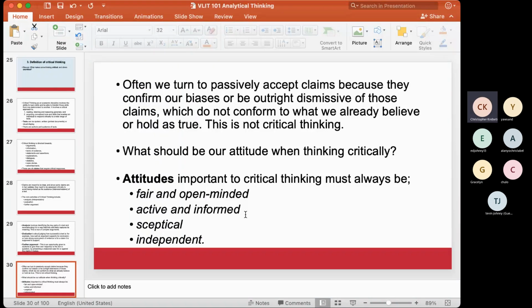So we cannot be passive and be dismissive. We cannot just confirm things on the basis of our biases or become dismissive of them because they do not conform to what we believe. That is uncritical. You have to listen to people and validate whatever they are saying on the merit of reasoning, not on the basis of belief, but on the merit of reasoning.